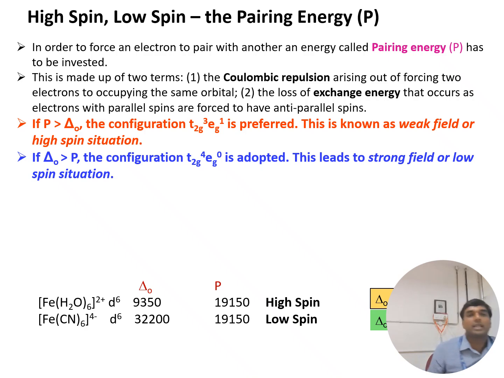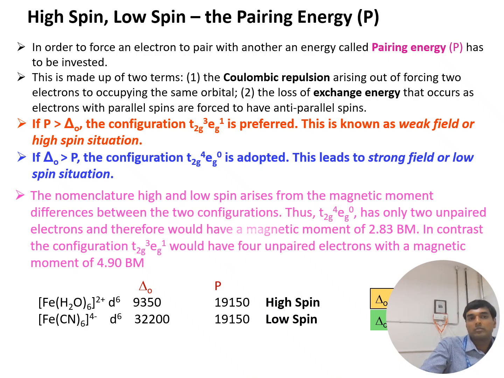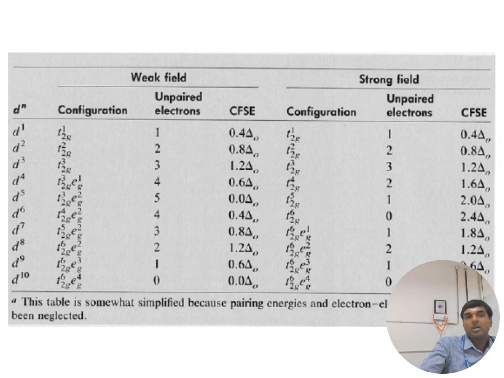It will have more pairing energy. So accordingly, you can calculate for D1, D2, D3, D4, D5, D6, D7, D8, D9, D10. You can calculate how many unpaired electrons are there, and accordingly you can calculate the magnetic moment, root over n into n plus 2.